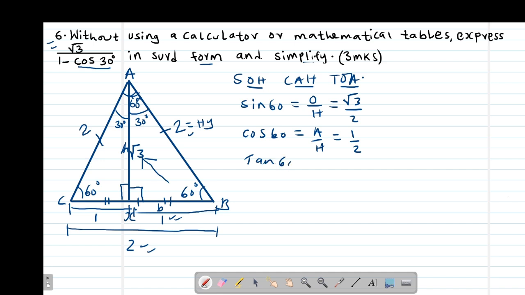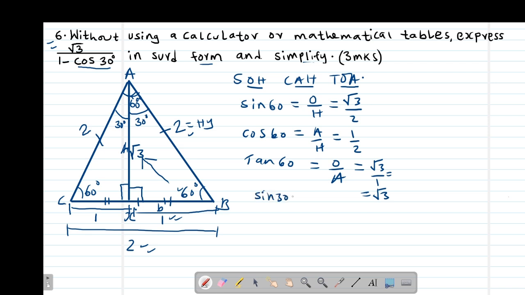The tan of 60 degrees will be equal to opposite over adjacent, which equals the side that is opposite to 60 degrees, that is the h, which is the root of 3. So root 3 divided by adjacent, which is 1, is just equal to the root of 3. Then we can move to the sine of 30 degrees.